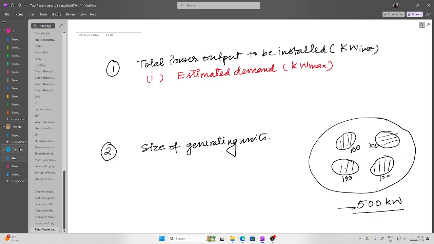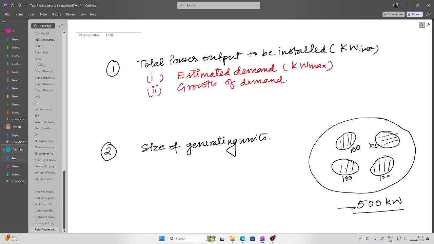That is what we call the maximum one. And apart from this, the growth of demand, what is the estimation that this much amount of power will grow in future, how much electricity is going to be required in future.